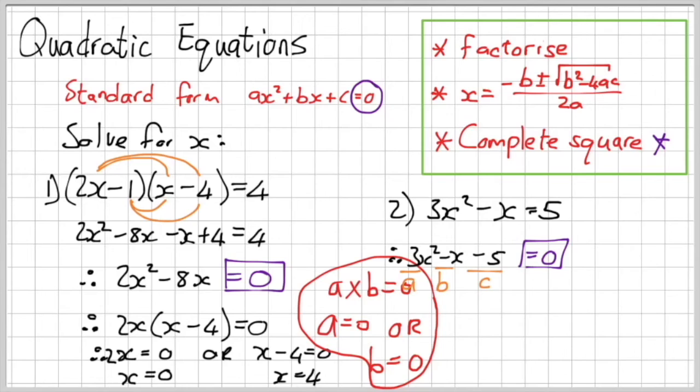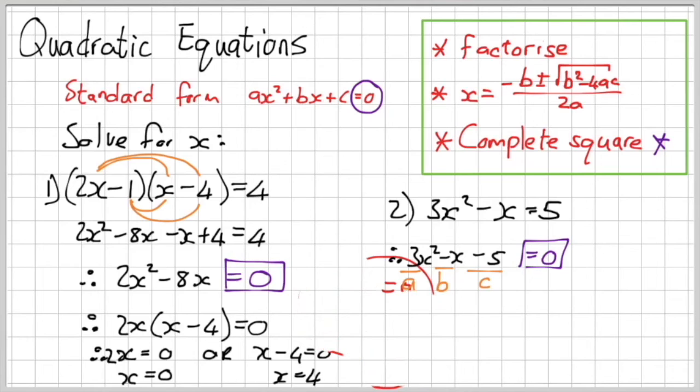If I now substitute into our lovely quadratic formula, I get x equal to negative negative 1 plus minus the root of negative 1 squared minus 4 times 3 times negative 5, all over 2 times 3.